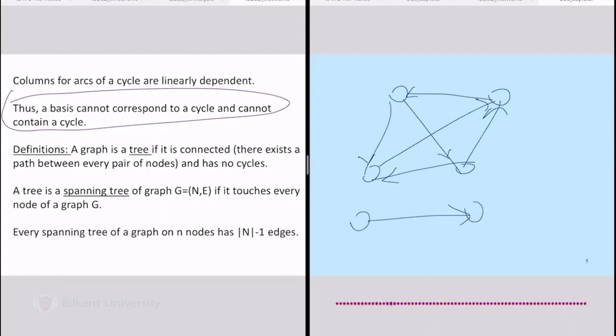It's not a spanning tree. By the way, these 2 arcs do not form a tree because they're not connected. All right. But if I add this one too, now I have a tree and I have a spanning tree, because this tree touches all the nodes of my graph.